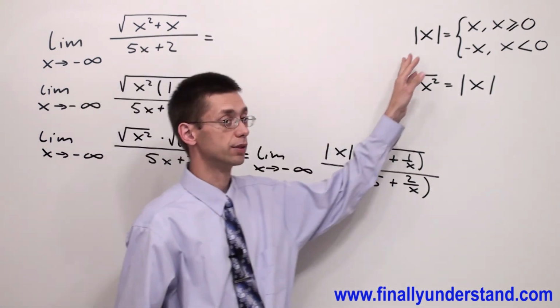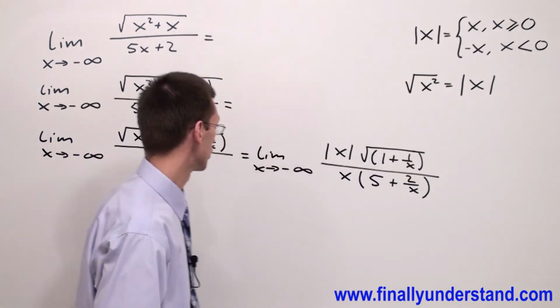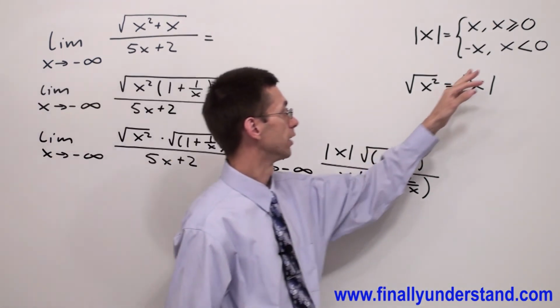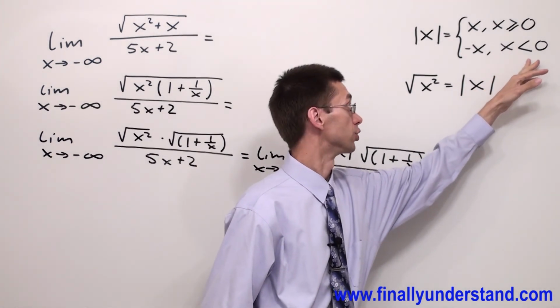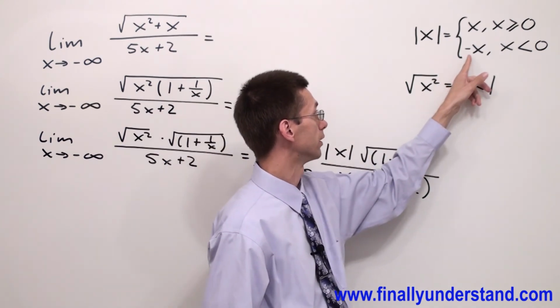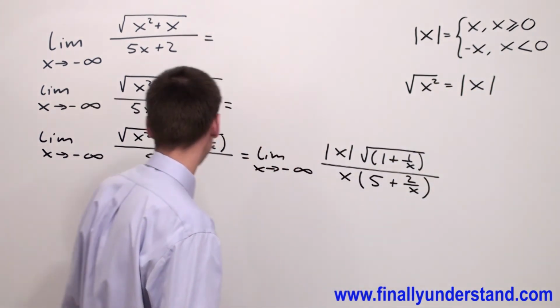Next, look at the absolute value of x. We're supposed to use the definition. Because my x is approaching negative infinity, it means the x values are going to be less than 0. So instead of the absolute value of x, I'm supposed to write negative x.